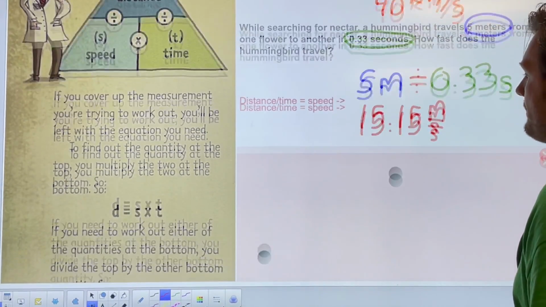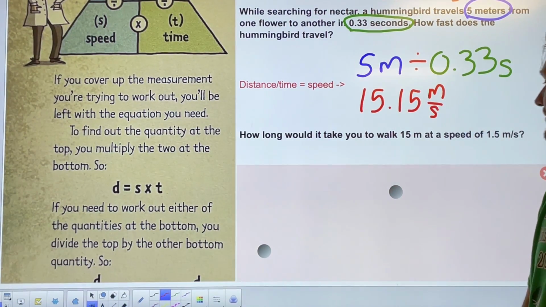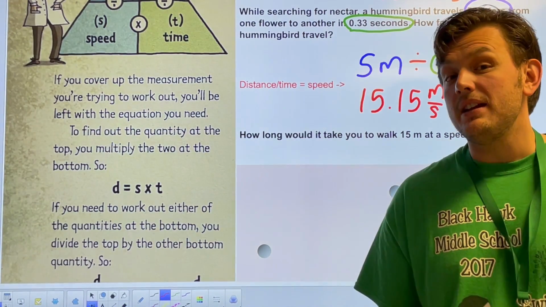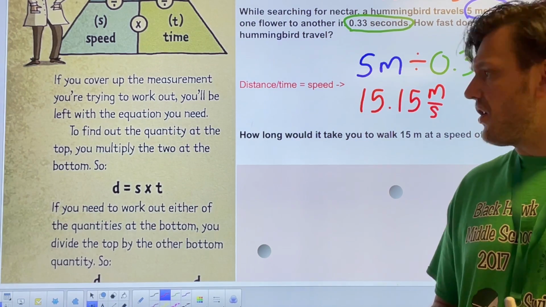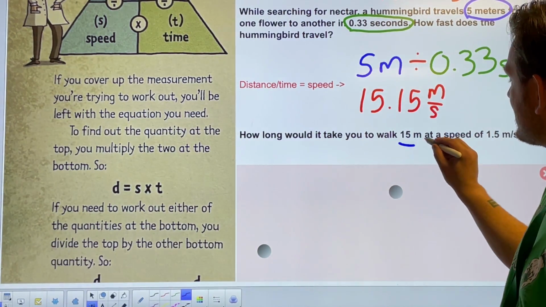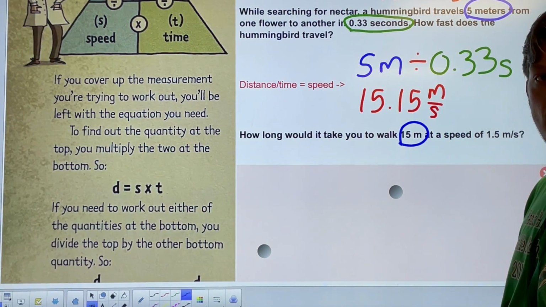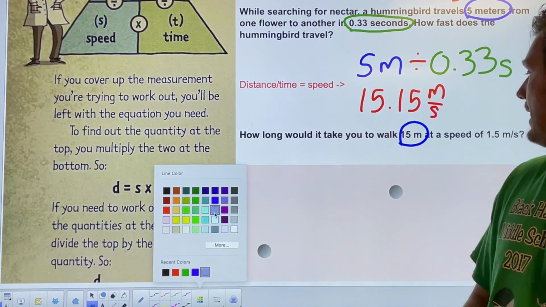Let's try another one. And if I keep going down, it says, how long would it take you to walk 15 meters at a speed of 1.5 meters per second? So let's look at what we know this time. It might be a little different than we're used to. Again, we know the distance of 15 meters, but what else do we know? We also know the speed.